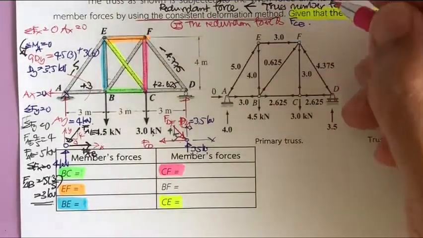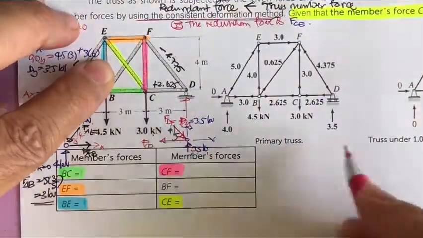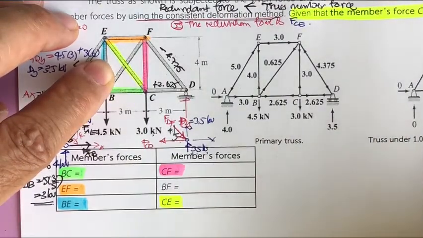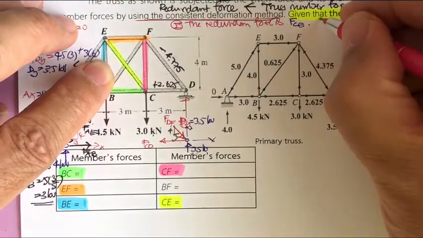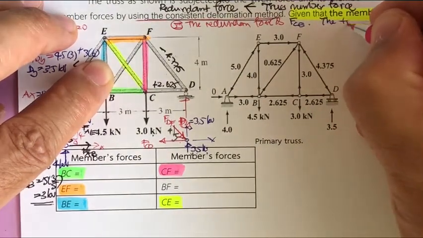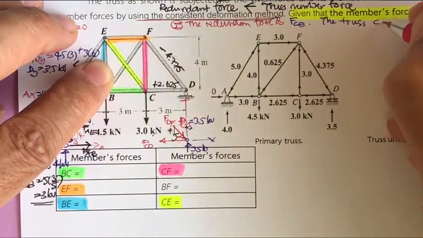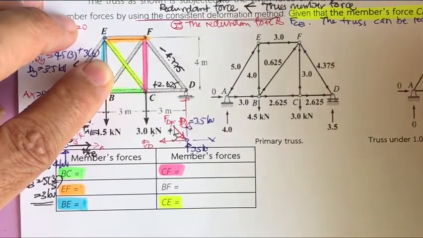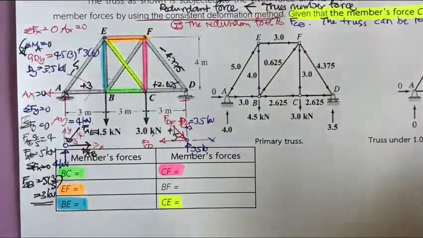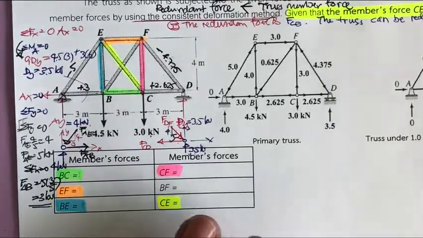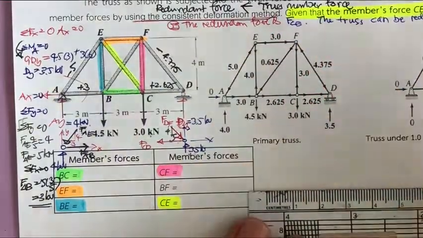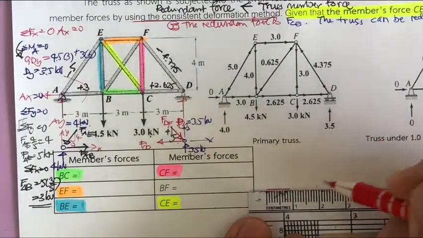The redundant force is CE, so the truss can be separated into two cases. Okay, so the truss can be lead as shown. Okay, after you do that, you read all the truss as shown, and then you have what? You have the redundant force as F sub CE, so it's 3.